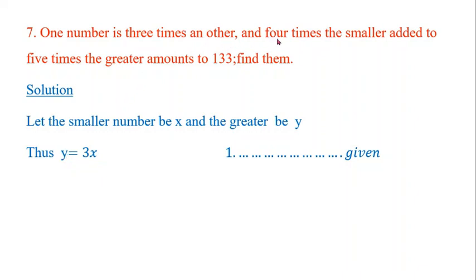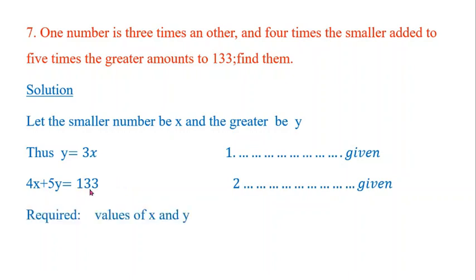Another relationship is 4 times the smaller, which is 4 times x, plus 5 times the greater, 5 times y, is equal to 133. This is also a given. The required here are the values of x and y.